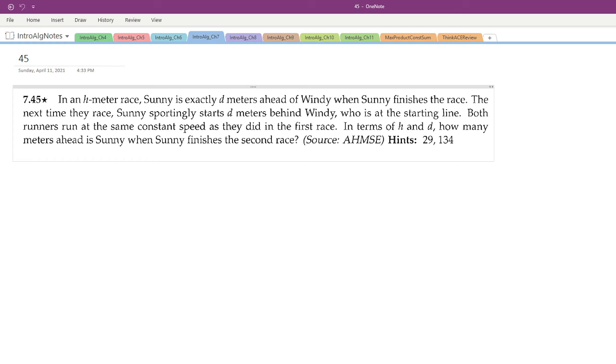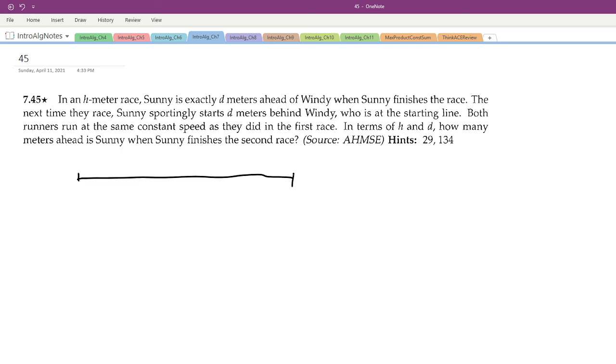In an h-meter race, Sunny is exactly d meters ahead of Windy when Sunny finishes the race. So when Sunny finishes the h meters, Windy can finish only h minus d meters.